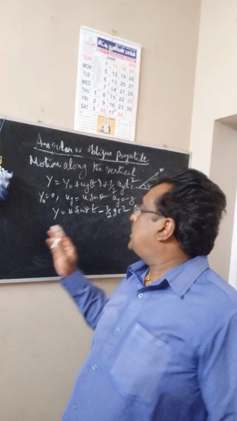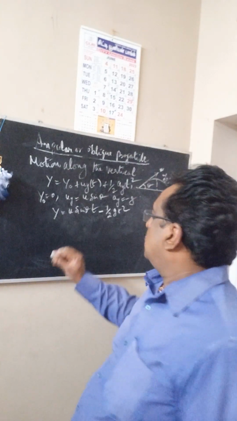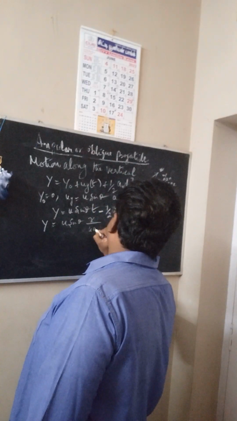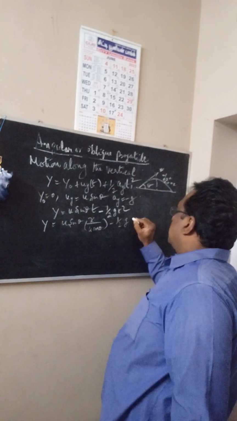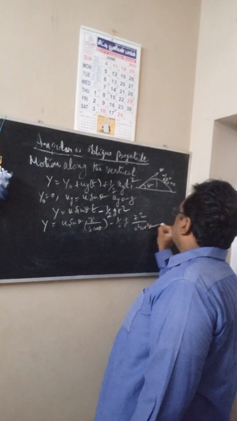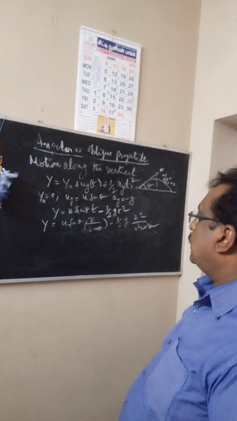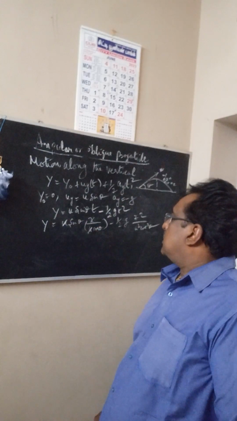Now we can substitute for t from what we have derived from the x component. So y is equal to u sin theta times x by u cos theta, minus half g x square by u square cos square theta. Here u gets cancelled, and x sin theta by cos theta is x tan theta.